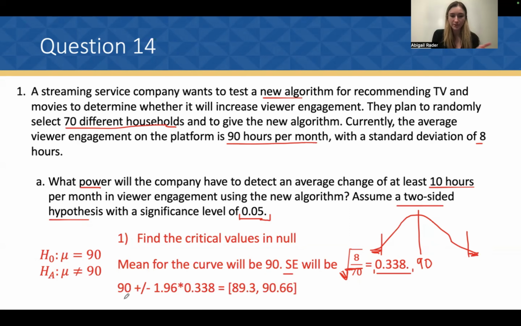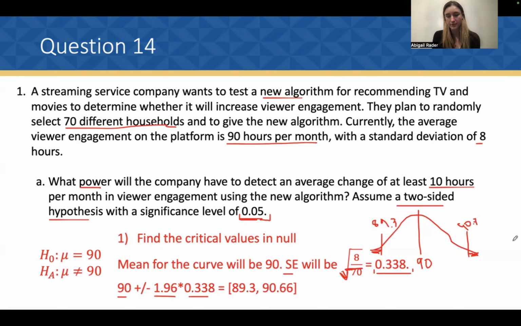We do 90 plus or minus 1.96, associated with this 0.05, times our standard error. So on this side it will be 89.3, and on this side it will be 90.6. I'm just going to say 90.7. So those are our critical values.